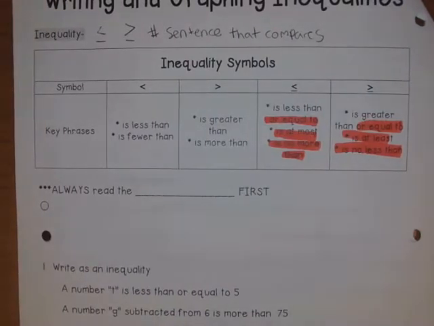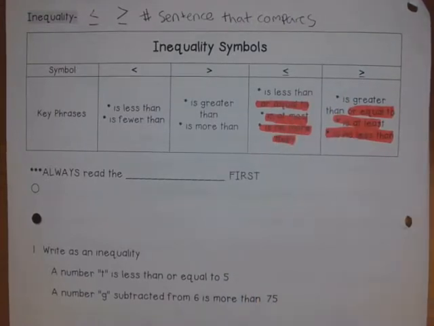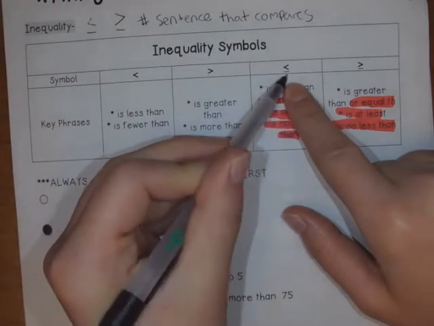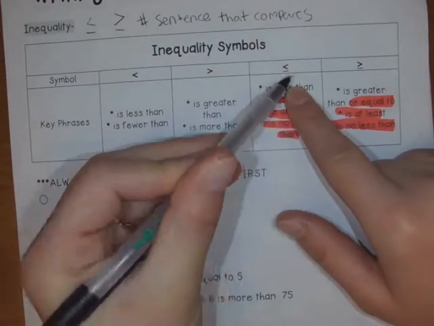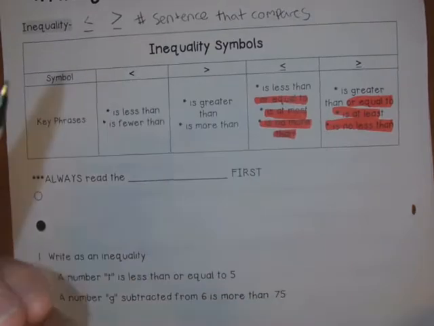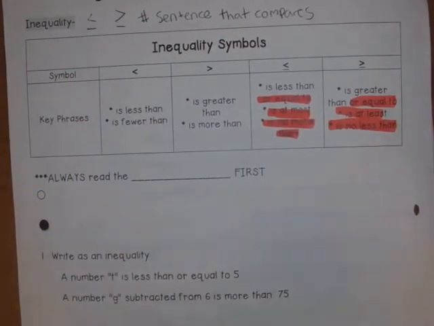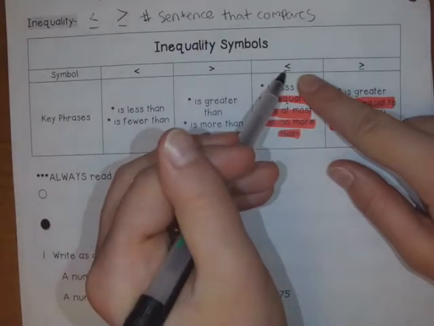Those are some key words that tell you, hey, this is going to have the line underneath it. Because if you look, the only difference between these two is the line underneath it. And that line, if you notice, it says it can be that or equal to. So that line is like half of an equal sign.